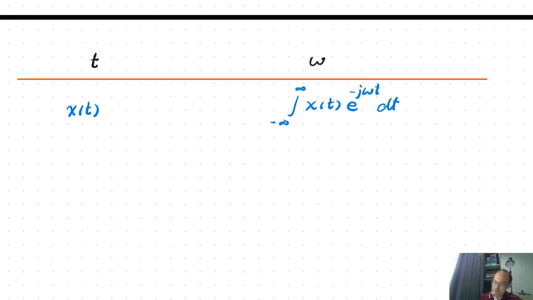Now the delta signal has the Fourier transform of 1.